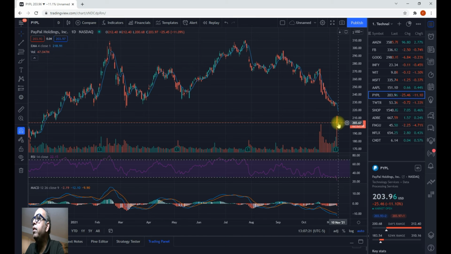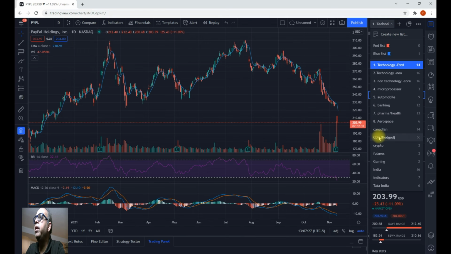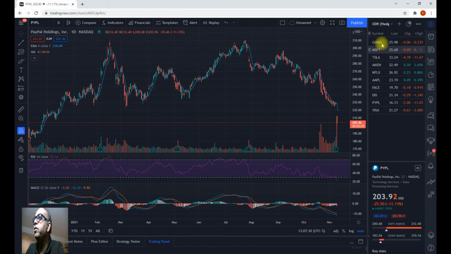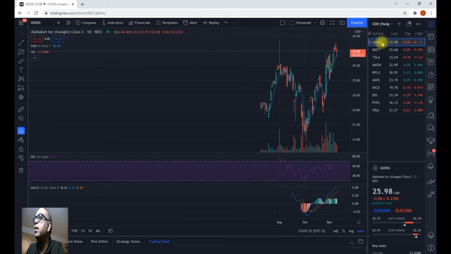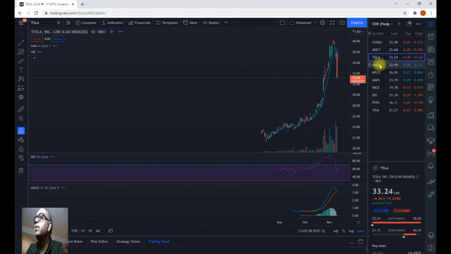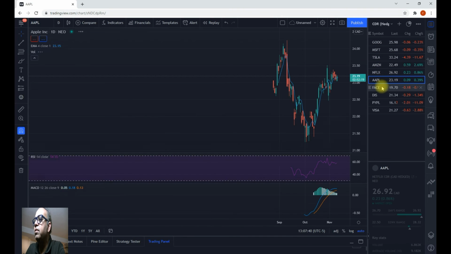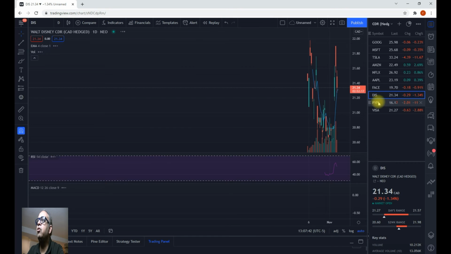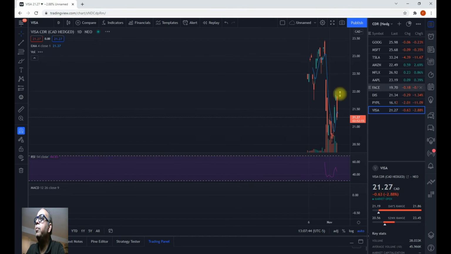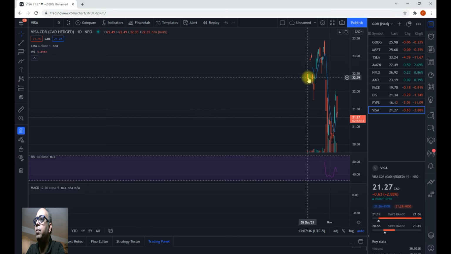For those who are interested, those who are in Canada, you can buy all these shares from the Neo Stock Exchange. These are all Canadian denominated Canadian depository receipts. So you've got Google, Microsoft, Tesla, Amazon, Netflix, Apple, Facebook, Disney, PayPal, and Visa. All these were started somewhere around October, and these are absolutely brand new products that are now available.